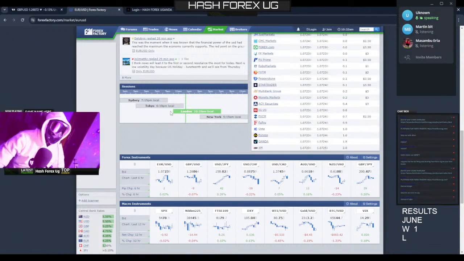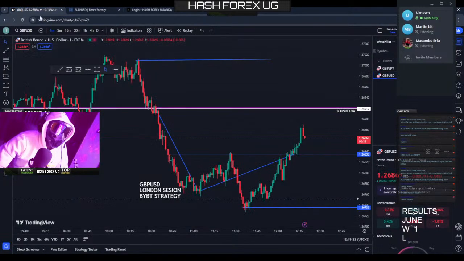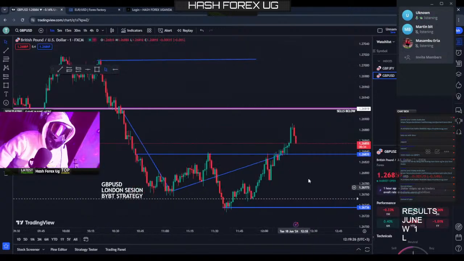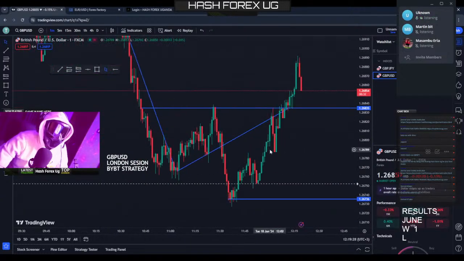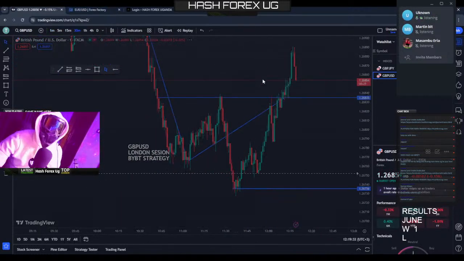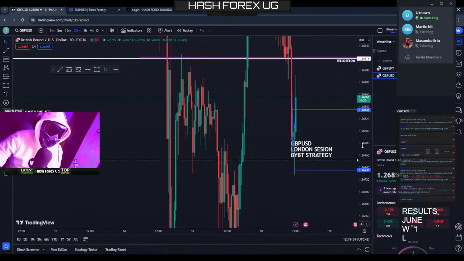So I think we shall get some good movements around that zone, around that time. So as per now, we are gonna leave the market first and create something that we can easily base on.